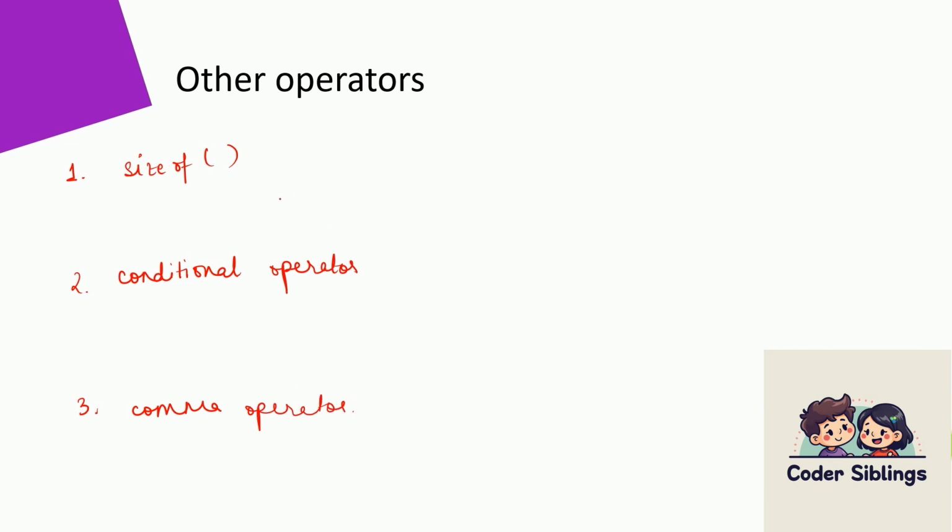So firstly, sizeof, as the name suggests, computes the size of an operand, right? So if you have an integer operand, say sizeof(a), and a is an int variable, suppose int a equal to 5.